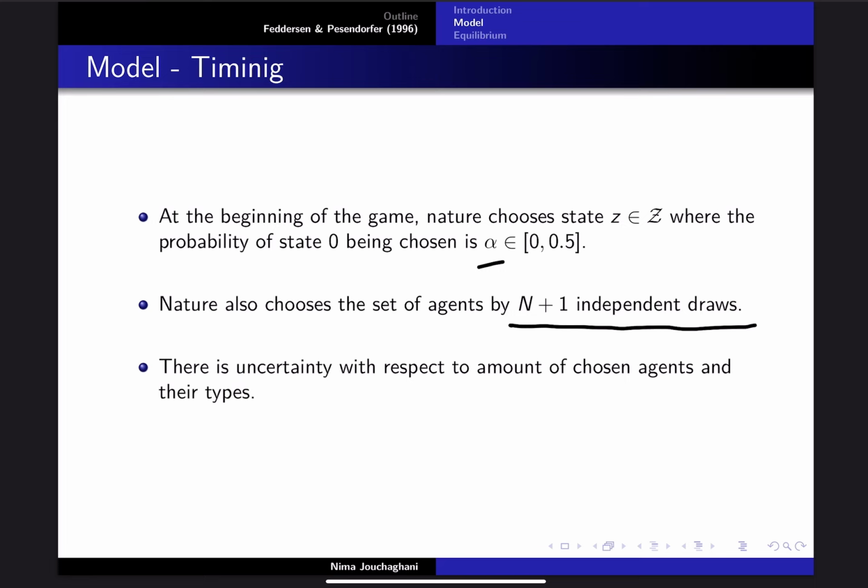This simplifies the exposition of the results, and the derivations will be simpler if you think about capital N other agents than some really strange and odd variable. Nature is choosing the set of agents, and there is uncertainty not only with respect to the number of chosen agents, but also to their types, whether they're partisans or independents.